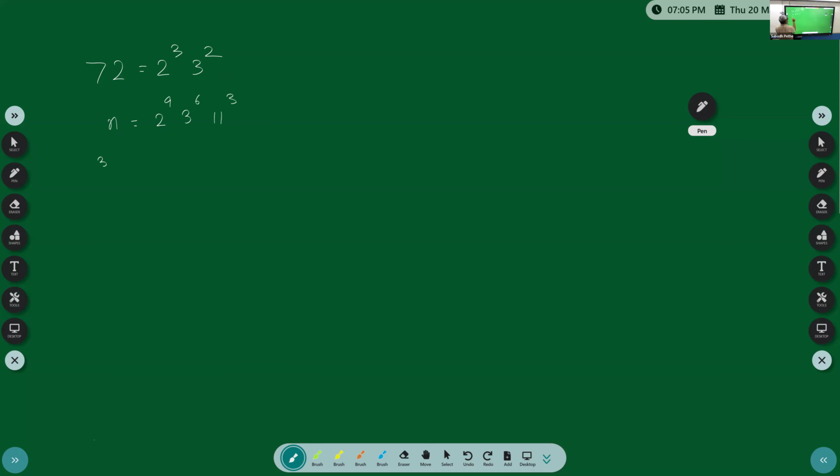So the cube root of n is going to be equal to 2³, 3², 11¹. So this is the first advantage of having any number in prime factorization, which we have seen last lecture.